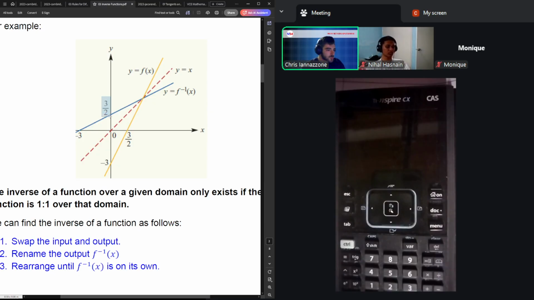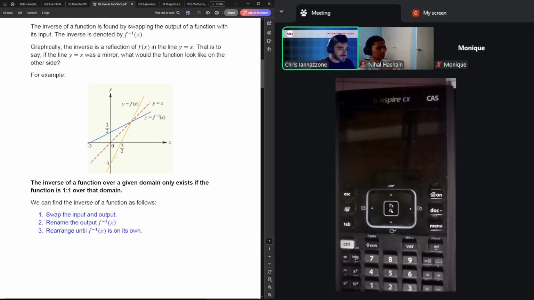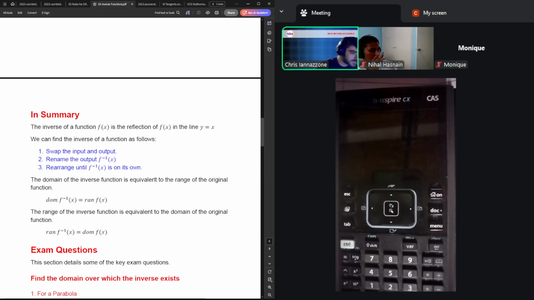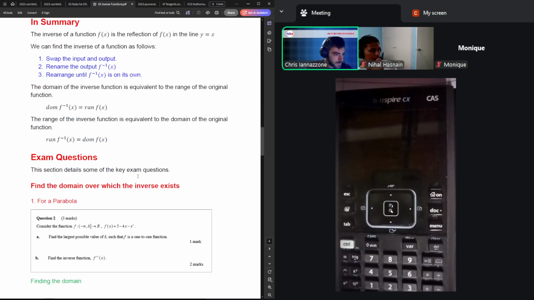For instance, this y value is now an x value on the other graph. This x value is now a y value on the other graph. So you're effectively swapping the locations of the x's and the y's of each of the functions. So if your original function has any restrictions on its domain or range, then that will be reflected in the inverse by flipping it around. That's the gist of it, really.